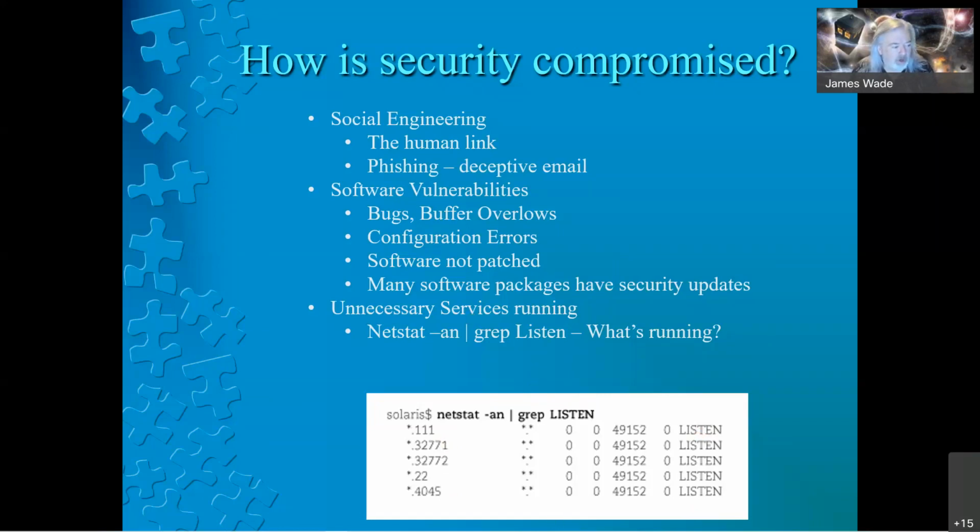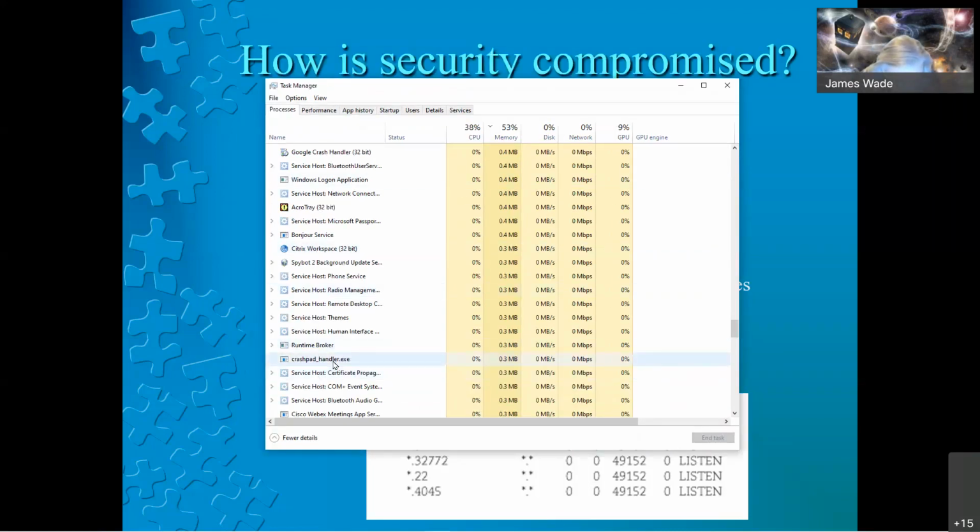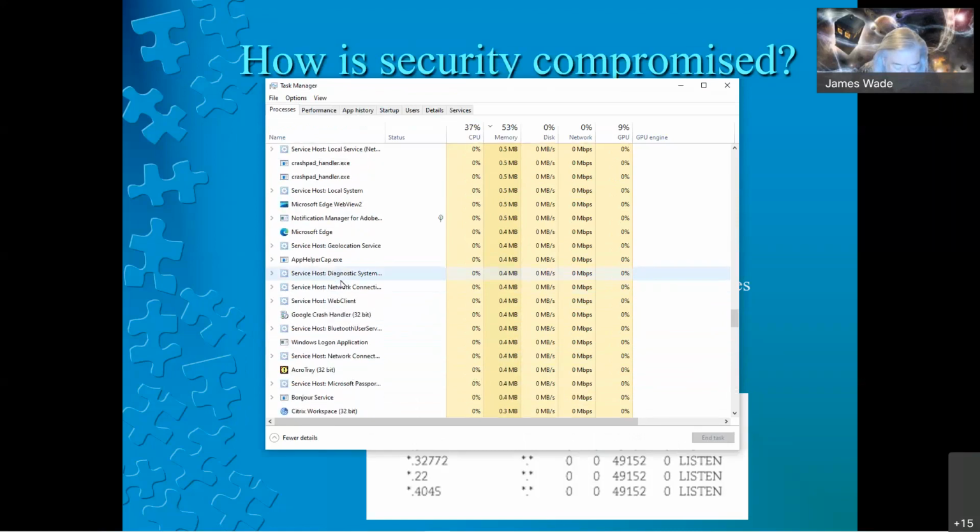I mean, you just saw it. Look at this. I would have to look every one of these up: service host themes, service host remote desktop, service host radio management, service host phone service. I'm not even using a phone, okay? What the heck is that? Windows has everything but the kitchen sink in here.